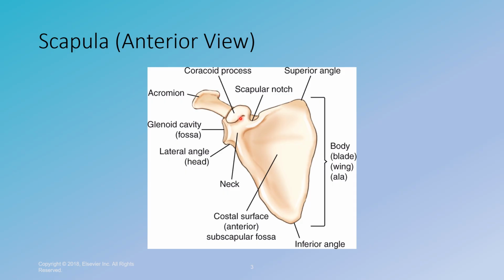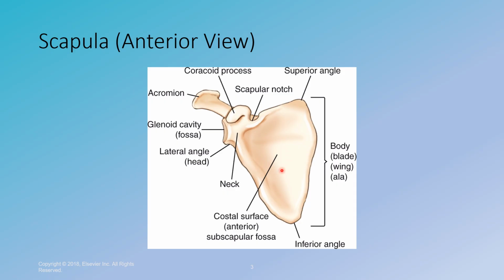You've got the coracoid process, and our central ray sits 1 inch below the coracoid on shoulder images. You've got the scapular notch, the superior angle right here, and then this is the costal surface or the anterior surface. It's also referenced as the subscapular fossa.